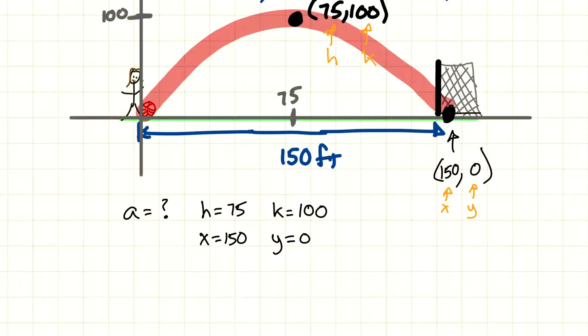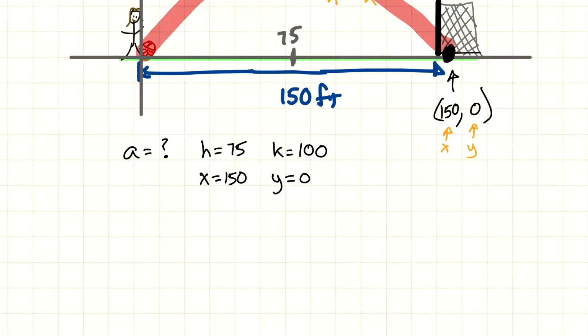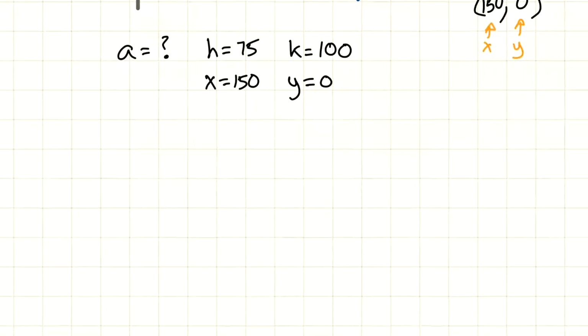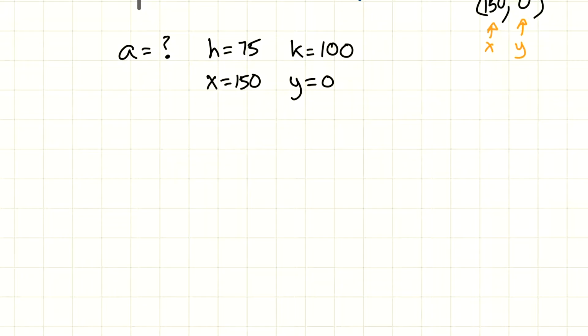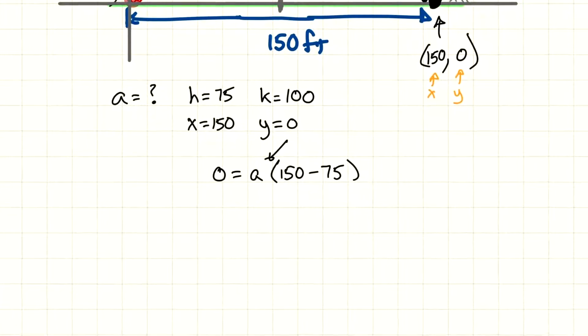All right, so now that we have all this information, all we have to do is set up our equation. So we're going to start with 0. Okay, this is 0. So 0 is equal to A, which is what we're going to solve for. X is 150 minus 75, which is our H. All right.